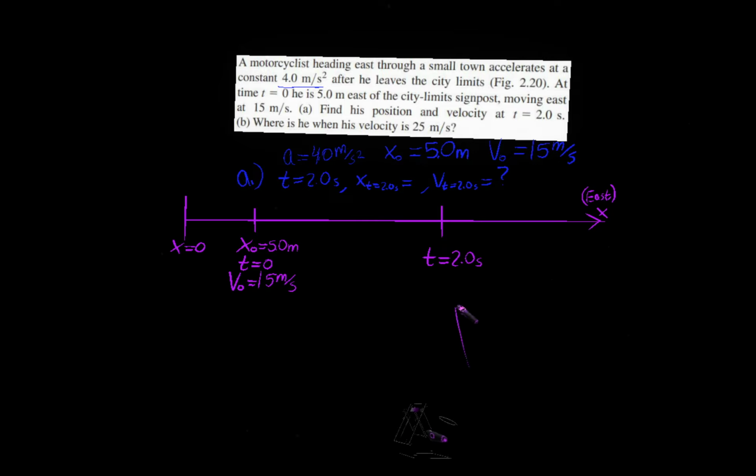And we want to know the position there. We want to know after 2 seconds, how far has he gotten relative to the city limits signpost. And what we also want to know in A is his velocity. Velocity here. How fast is he going there?